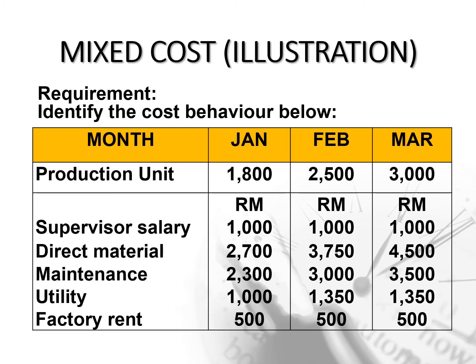Illustration for mixed cost. Requirement: identify the cost behavior below. Supervisor salary, direct material, maintenance, utility, and factory rent. Production units for January is 1,800, February 2,500, and March 3,000. All the related costs are given in the table.